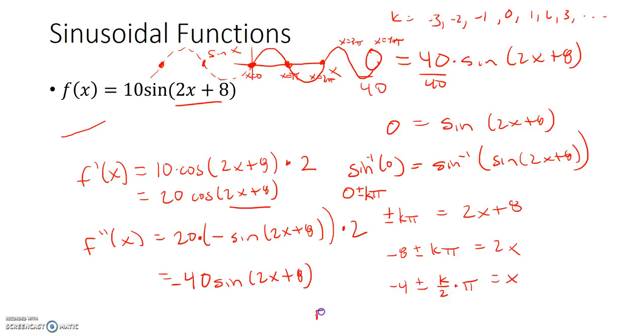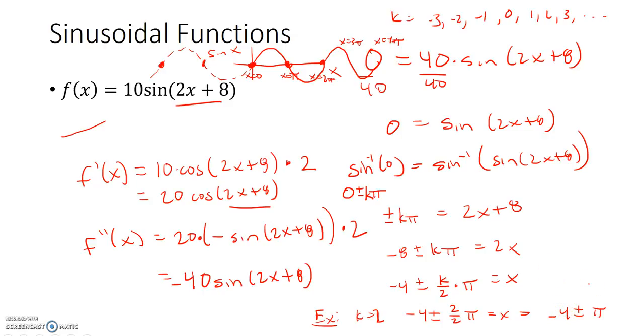So for example, one possible point where we should see an inflection point is, let's pick k equals 2 to make this mathematically simple. -4 plus or minus 2 over 2 pi equals x, which ends up being -4 plus or minus pi, which is approximately -4 plus or minus 3.14159.